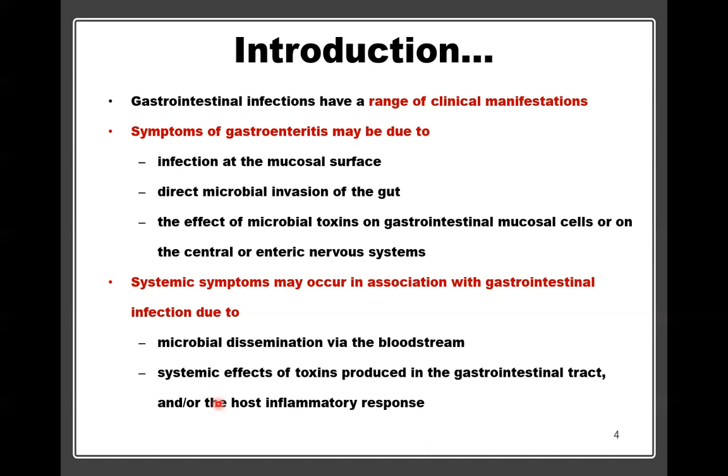With enterotoxins, you may have just watery diarrhea, maybe some inflammatory cells, because some toxins may recruit inflammatory cells to the site of invasion. But when a cytotoxin is produced, patients will eventually present with bloody diarrhea, as well as some degree of inflammatory cells when you examine the patient sample.